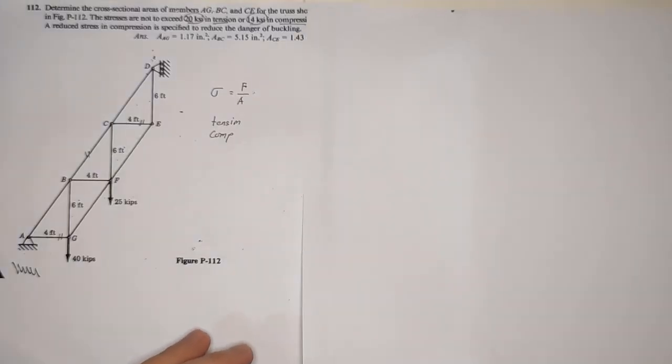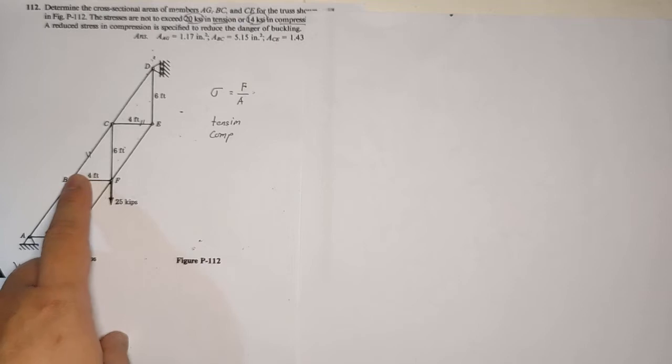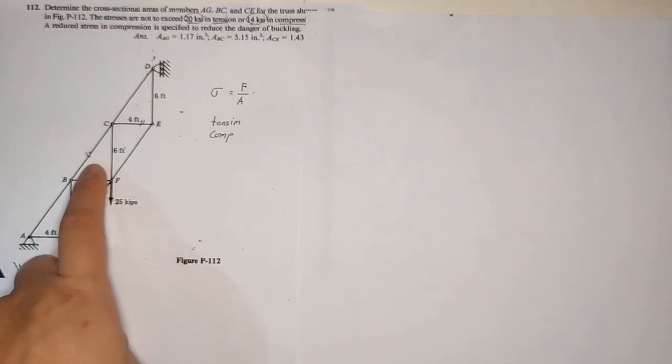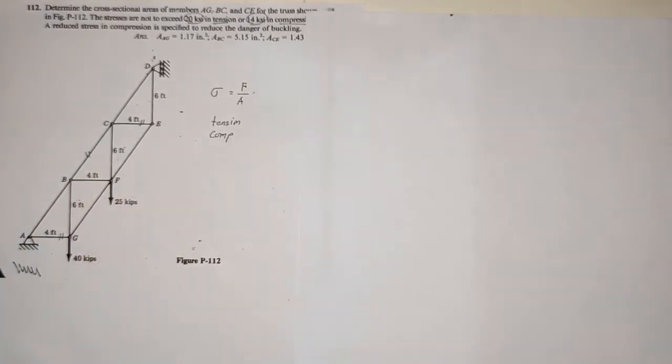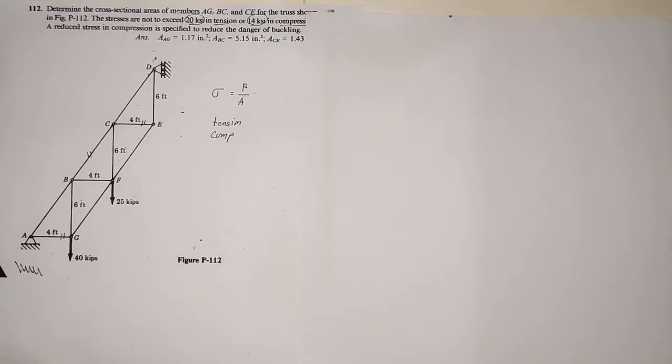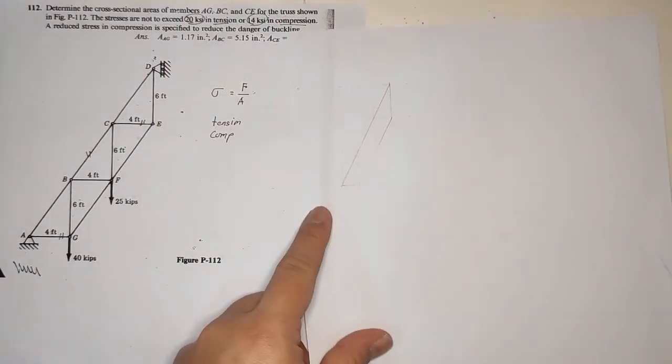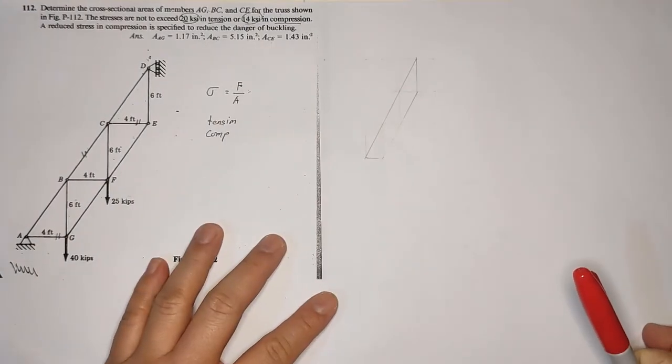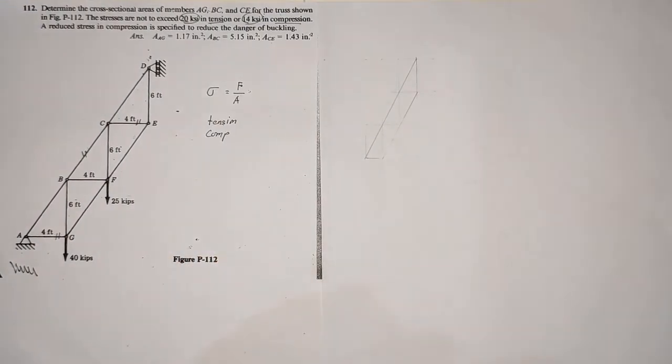Okay, for the next one, we're going to find the BC. So BC. So now it's easier to use the section method.